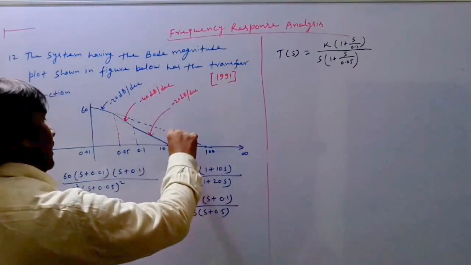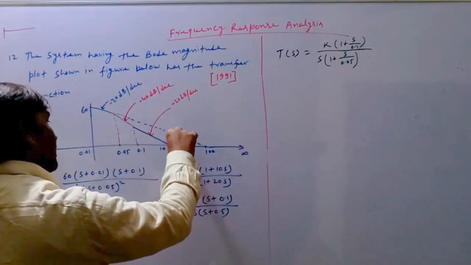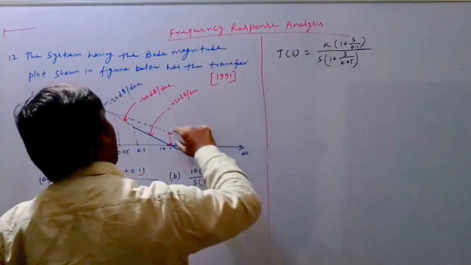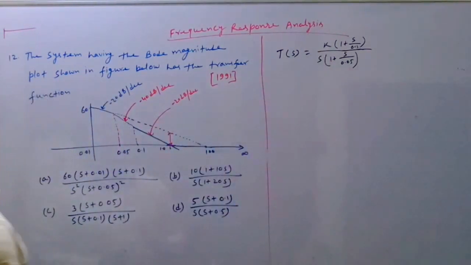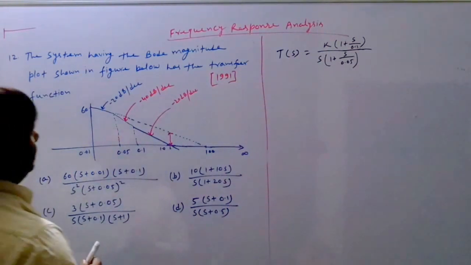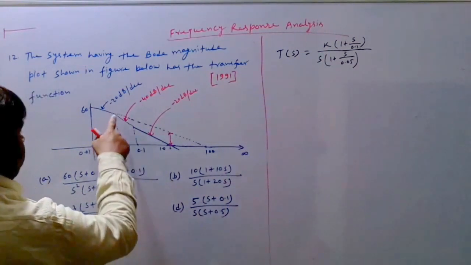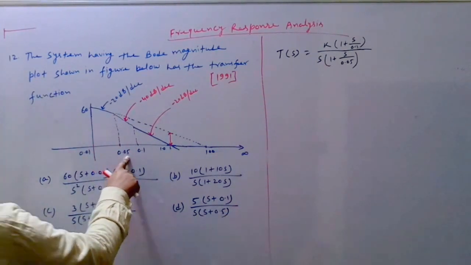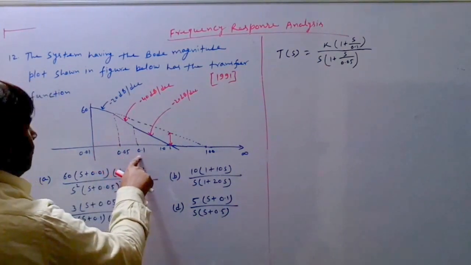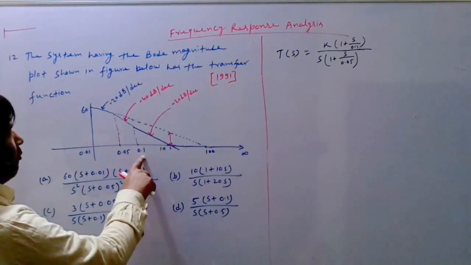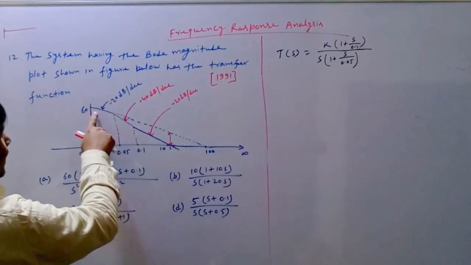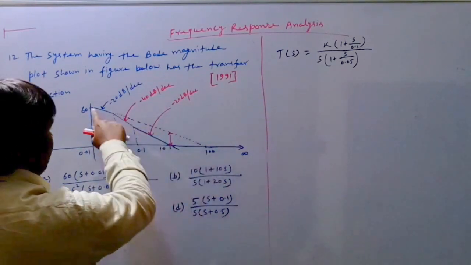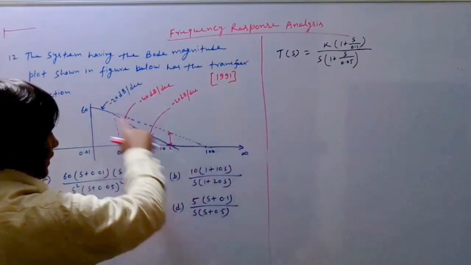is responsible. This uplift of this value, or this k, is responsible for this value, because if there is no pole with corner frequency 0.05, and if there is no zero with corner frequency 0.1, then this line will pass like that.